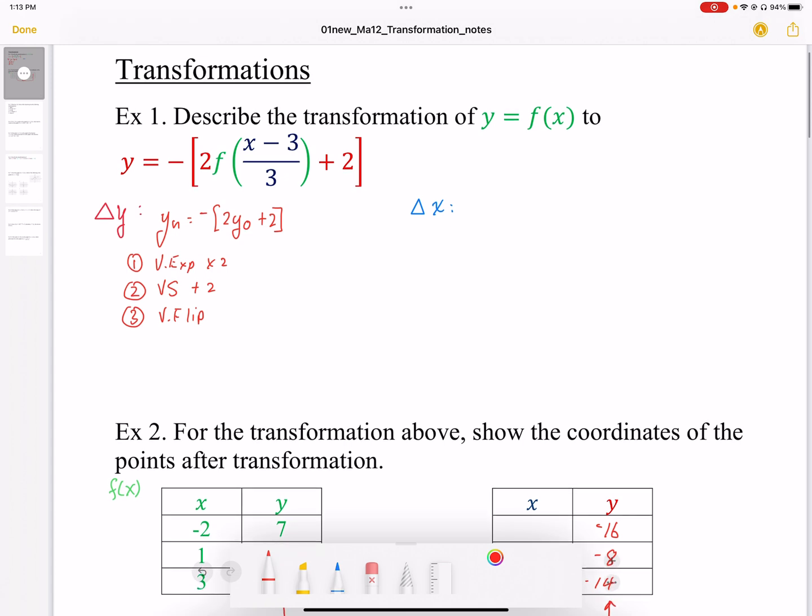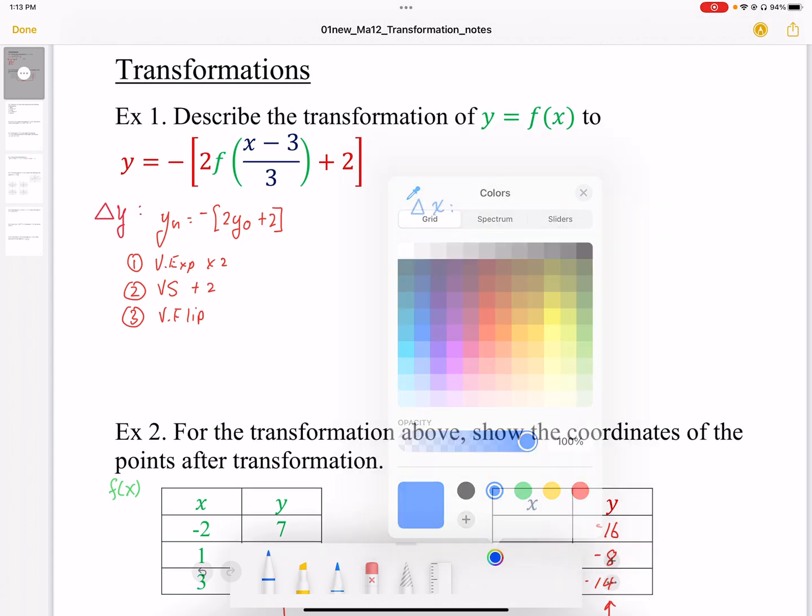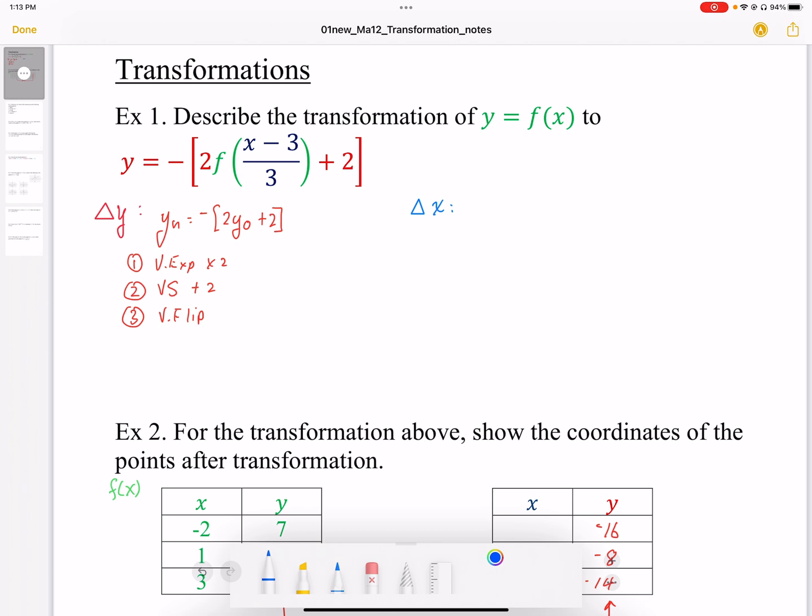The harder one's going to be with the change in x. So the change in x is going to be based on the inside part here. There are 2 ways we can do this, and I'll do it both ways. One way is we can think of this as factored form. So I can check to see if it's factored form. If it's factored form, then it's going to be compression or expansion first, shift last. So the way it's written, that 1/3 coefficient is in factored form.